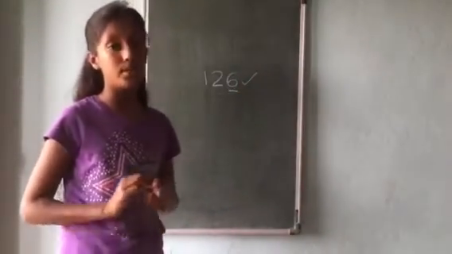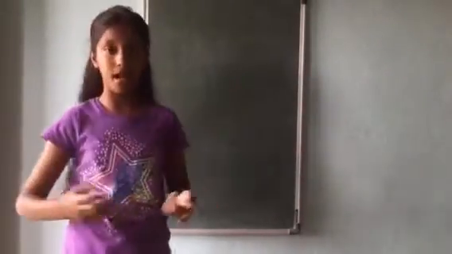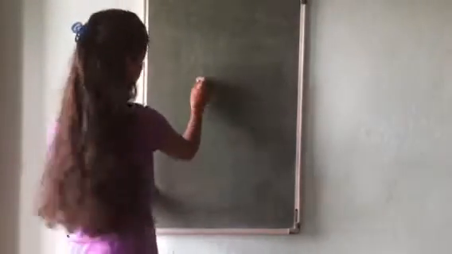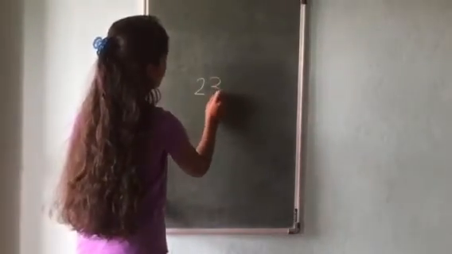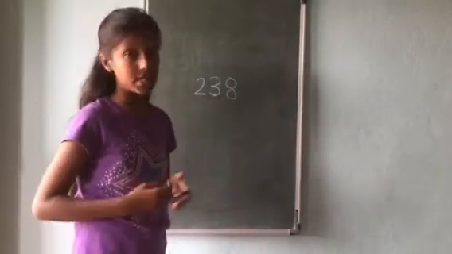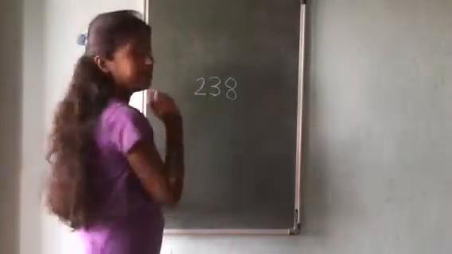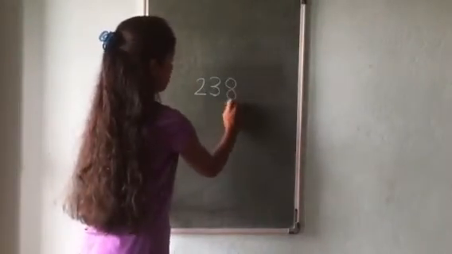Now we'll move on to 7, which is quite different from others. Okay. Let's take an example. I'll explain with an example like 238. If I have to check whether this number is divisible by 7 or not, I'll look at the last digit.